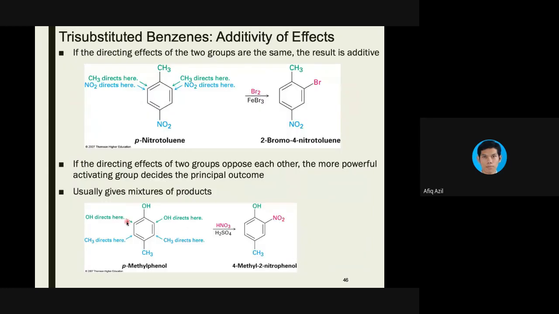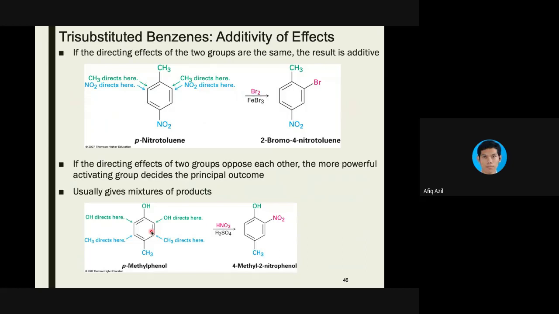So if you go back here, for OH, ortho and para are not available. And also for the alkyl group, ortho and para are also not available. But as you look over here, there are 4 different positions in which you can put the new substituent. In this case, it is a nitro group.